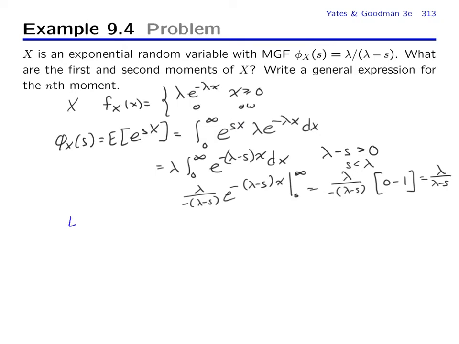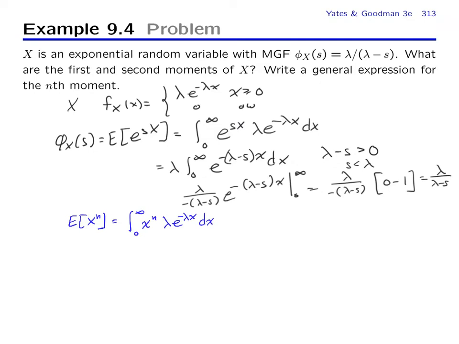So for instance, E[X^n] will be the integral from 0 to infinity of x^n lambda e^(-lambda x) dx. When n is equal to 1, we have the first moment, and we would have to do this by integration by parts. And if n equals 2, we could indeed do this integral by doing integration by parts twice.